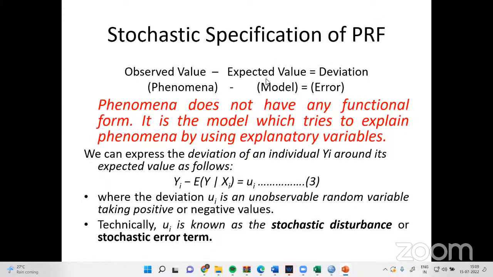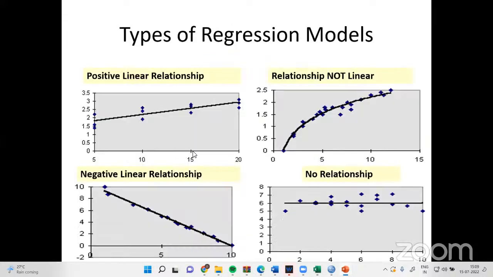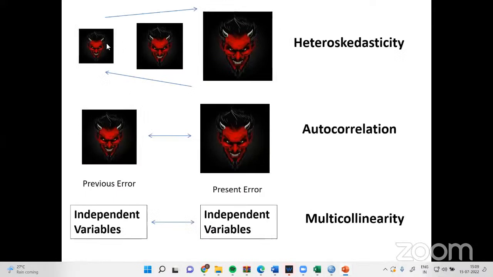Observed value minus expected value is a deviation, where yi minus the expected value of y at xi is the error. If the error is increasing or decreasing, we will say it has the property of heteroscedasticity. If errors are having a friendship with another devil, it is autocorrelation. When two independent variables are correlated with each other, it is a problem of multicollinearity.